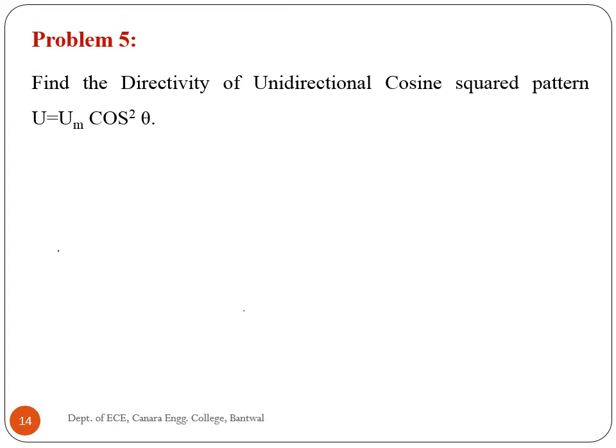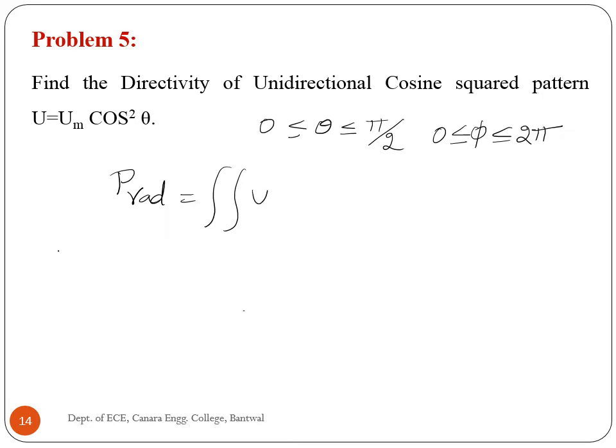Find the directivity of the unidirectional cosine squared pattern, which is Um cos square theta. Theta is between 0 and pi by 2, phi is between 0 and 2 pi. To find the directivity, we have to find the radiated power, the integral of U d omega.